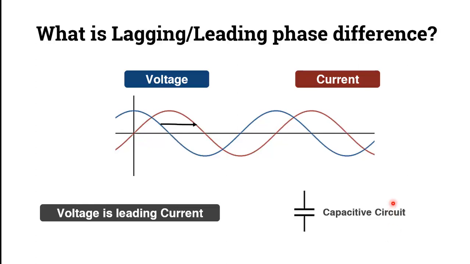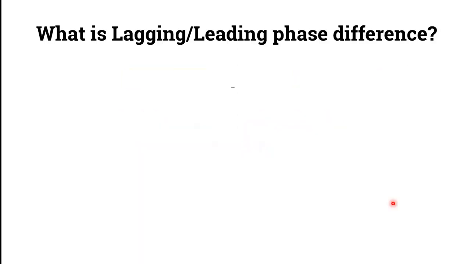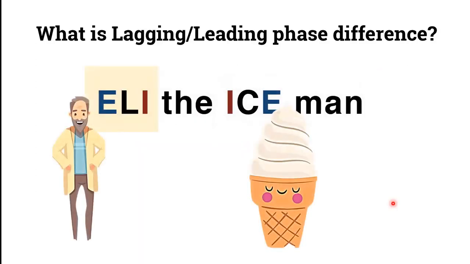Now it may be confusing for you, or you may find it difficult to remember. So there is a simple mnemonic for that: ELI the ICE man. Here, L is for inductance, because we know that L is the symbol for inductance, and in this case E is coming before I. So that means in an inductive circuit, voltage leads current.